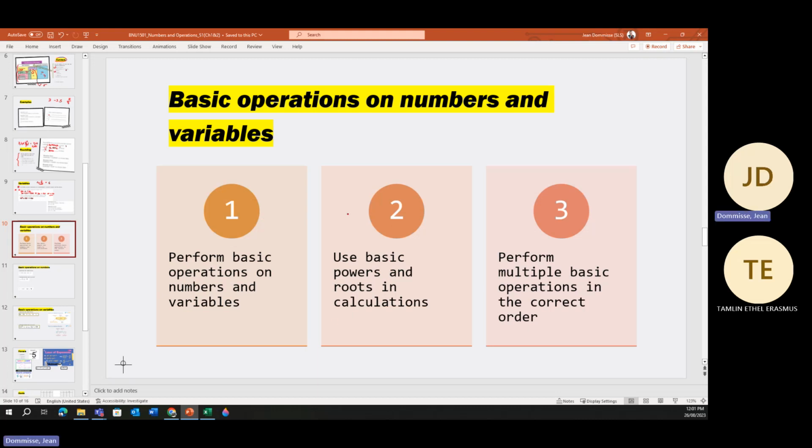What we will then add is basic powers and roots. So we will look at x to the power of 2 or x to the power of 3 or anything like that, but also square roots. So what is the square root of 9?